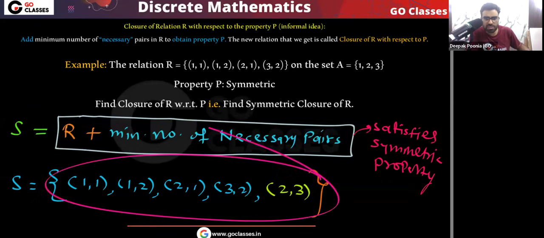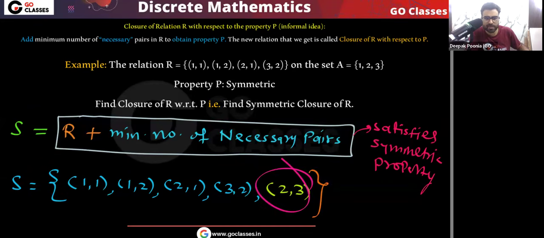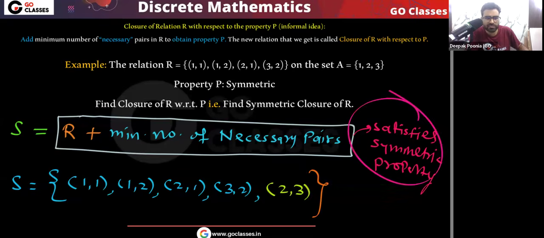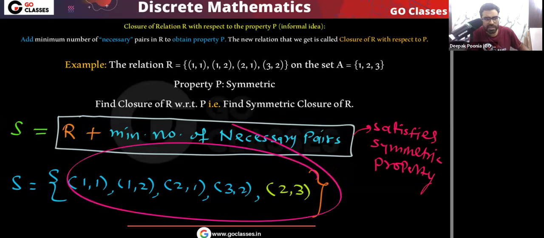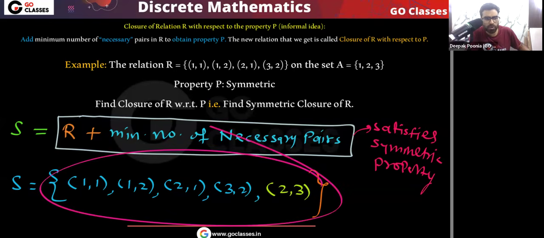Now can you notice that after adding this necessary pair, symmetric property is satisfied. So I can stop here. This was necessary to add, and now after adding the necessary pair, symmetric property holds.